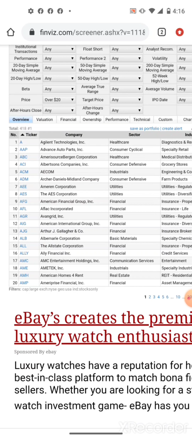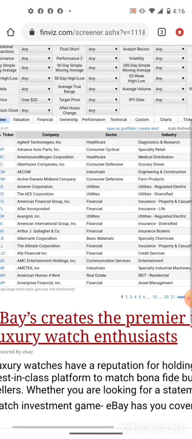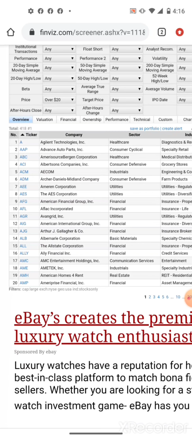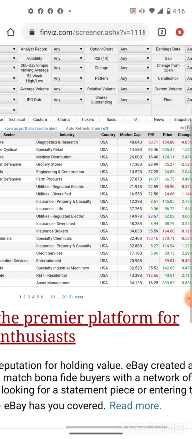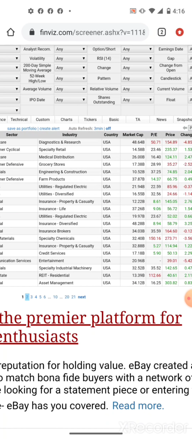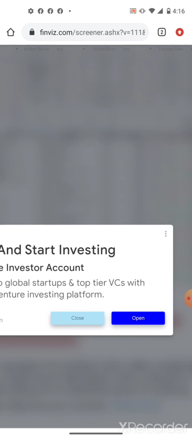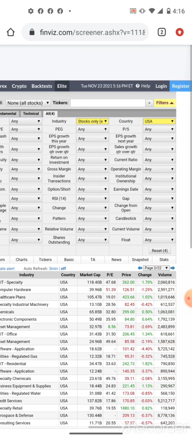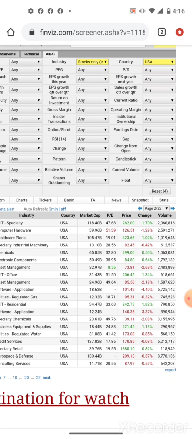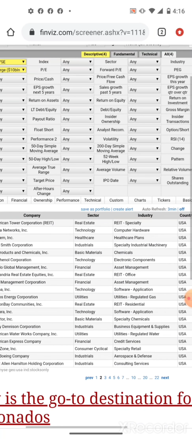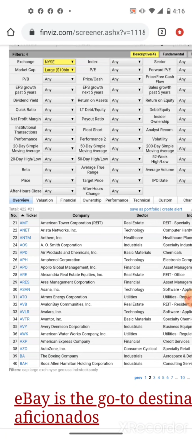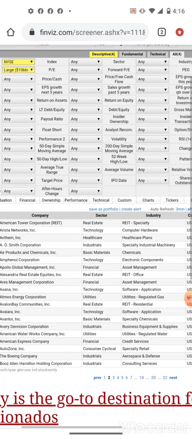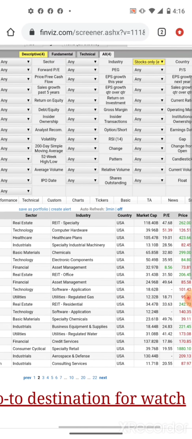Actually, no, because I have it all charted up already. I want to delete it. We're going to look at something else. Let's look at the next page. Okay, 5 million volume for ASAN, a technology software application.